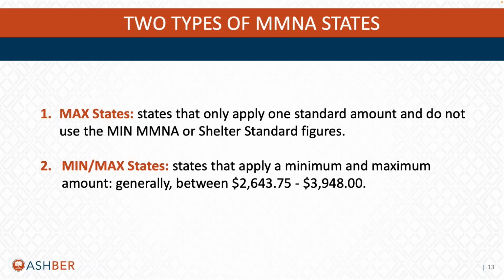And then the minimum maximum states are the ones that have what I would refer to as a range of MMNA possibilities. So the minimum MMNA is $2,643.75, and the maximum is $3,984. Your client's MMNA on a case-by-case basis can fall anywhere within that range, depending on what their shelter expenses are.